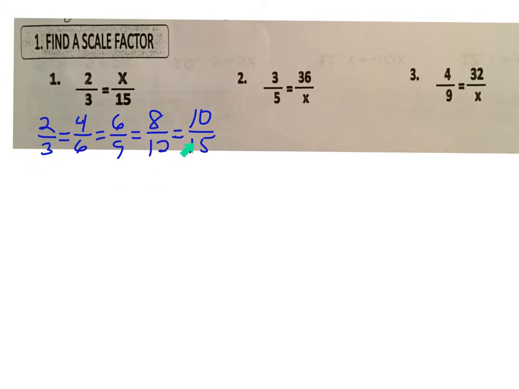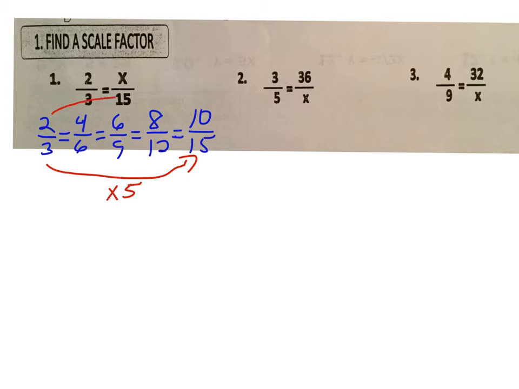If I just went right here, the answer for x is 10. So another way to skip all of this is just to say, okay, what are you multiplying 3 by to get to that 15? In this case, you multiply 3 by 5, so a scale factor of 5 to get that.